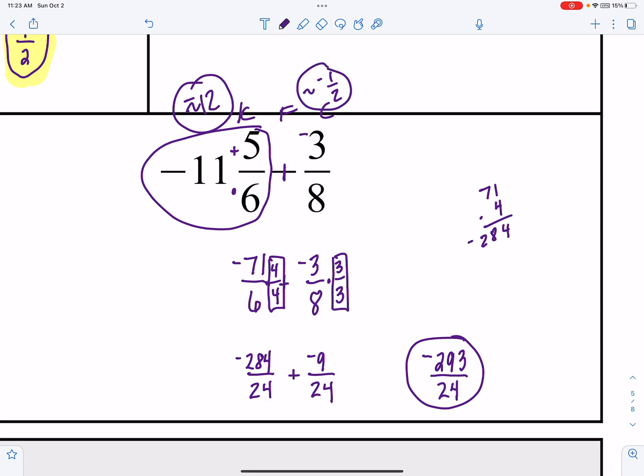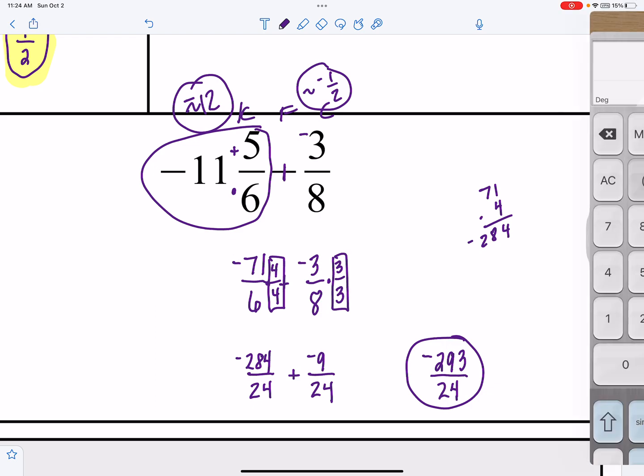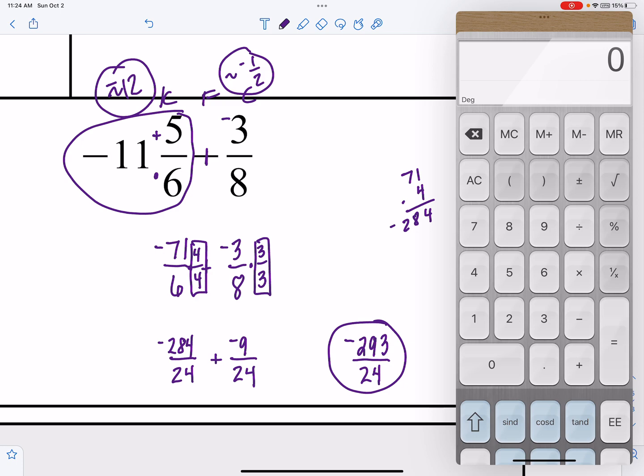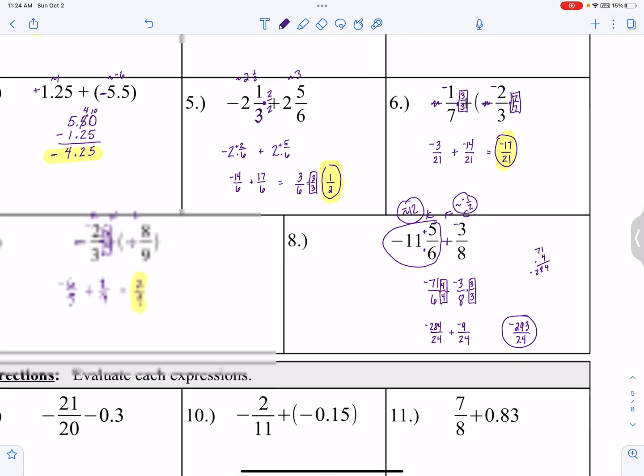So if I'm adding those up, same signs add and keep, it would be about negative 12.5. The way for me to check this would be to pull out the calculator and type in negative 293 divided by 24. We see that it ends up at negative 12.2. So that is pretty close to the estimate that we got there, okay?